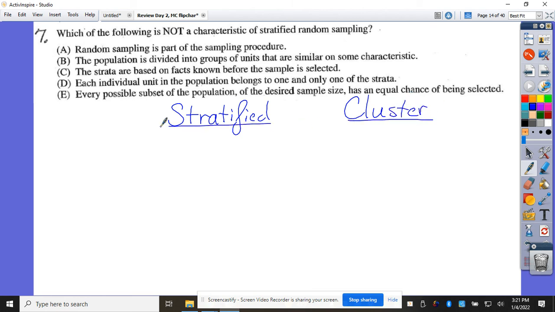Alright, with both of them, we start by doing what? Putting the whole population into groups. How do I put them into groups with stratified? Characteristics.